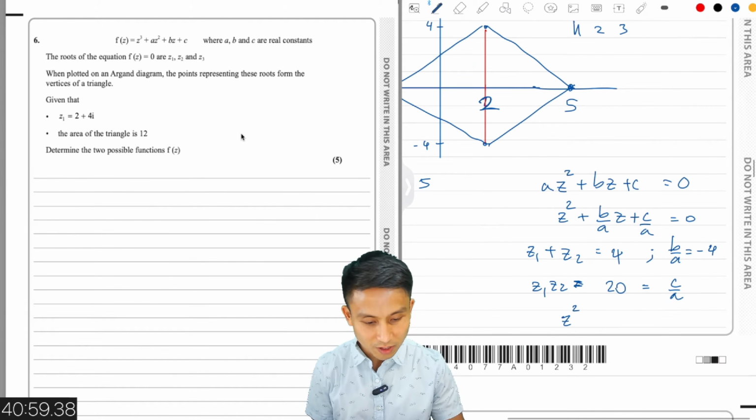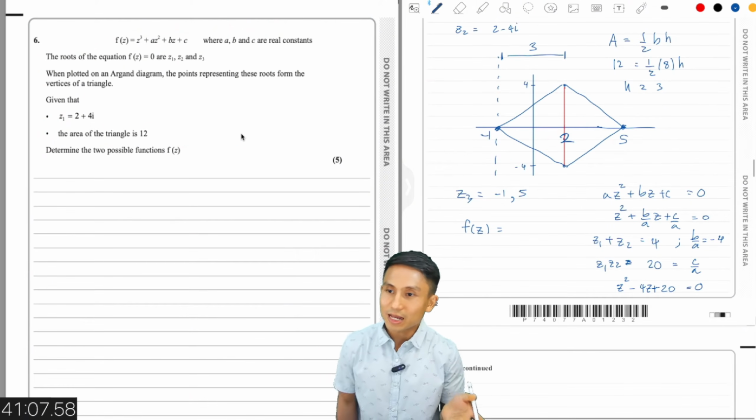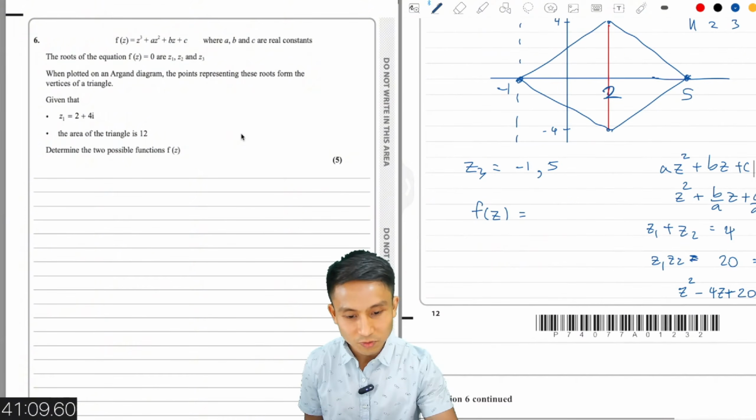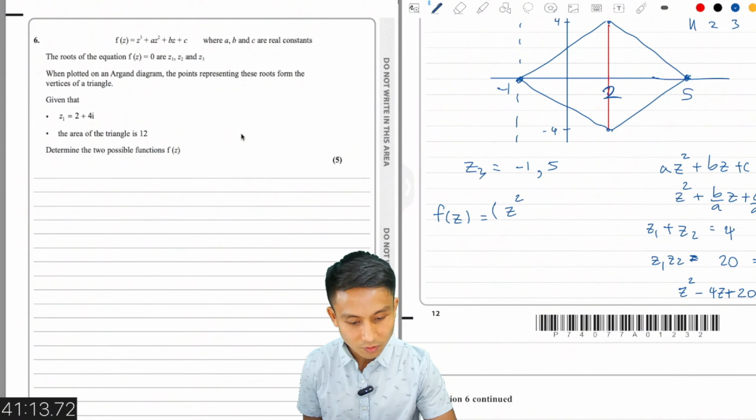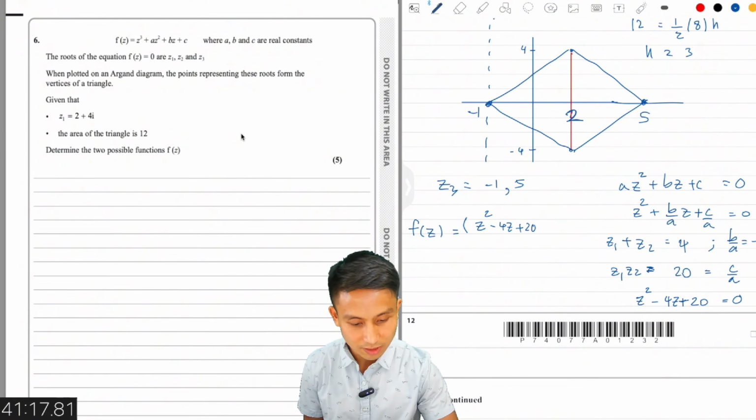Okay, so that means this will be equal to c over a. So we have z squared minus 4z plus 20 equals 0. That's the quadratic roots, right? So that means we can put it here: z squared minus 4z plus 20.